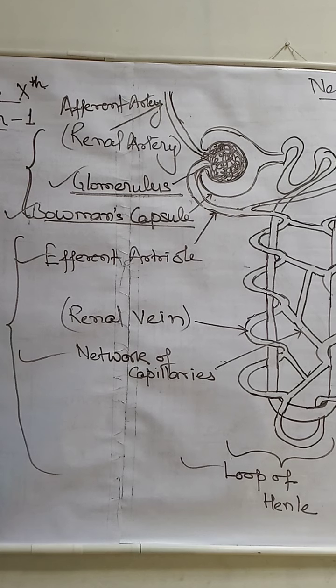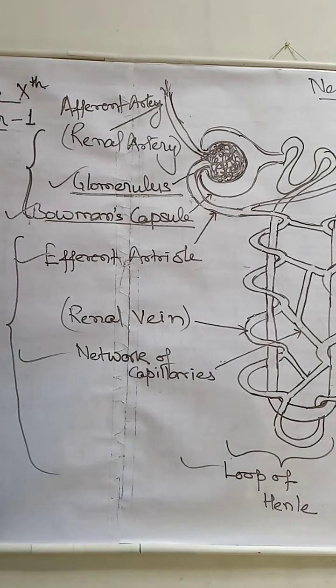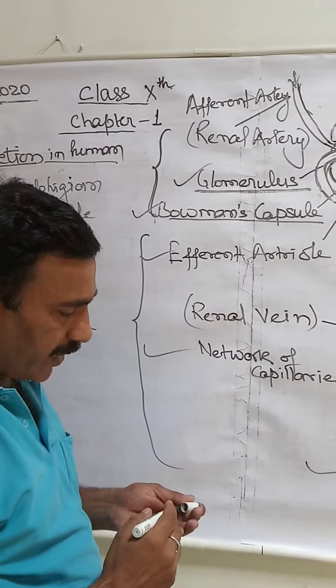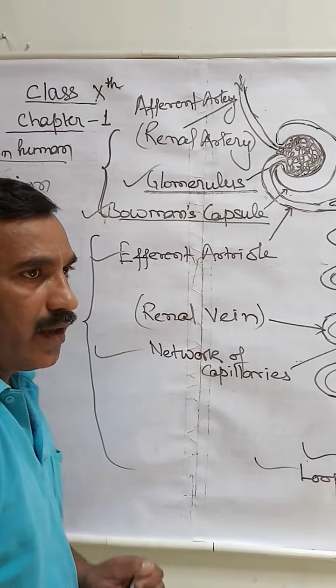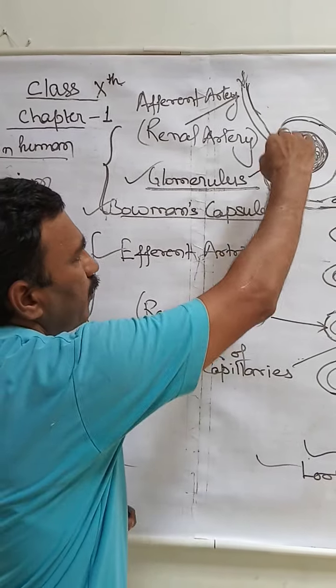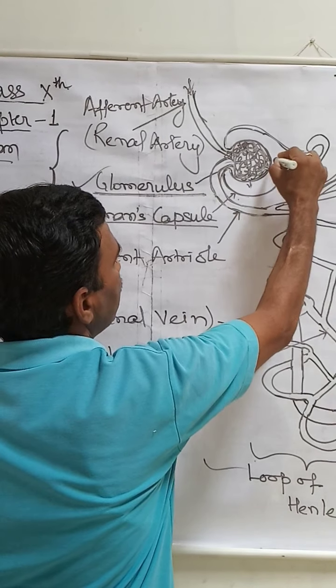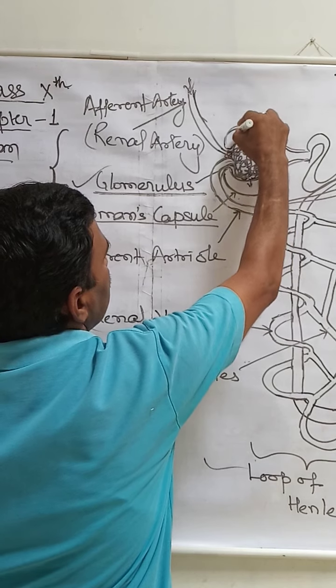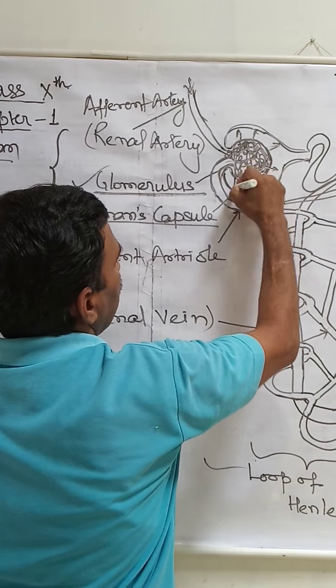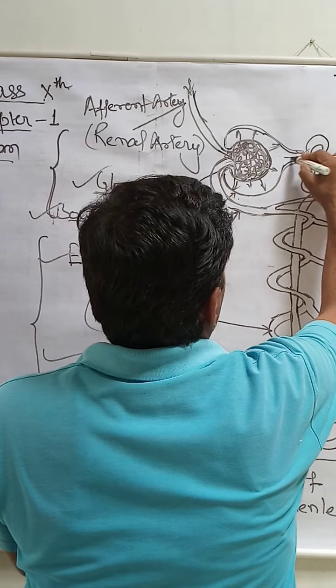Now what happens? When the blood reaches this glomerulus, due to its extremely permeable, thin and delicate membrane, substances smaller than the size of the blood cells pass out. They ooze out into this Bowman's capsule, where it is collected and moved forward.